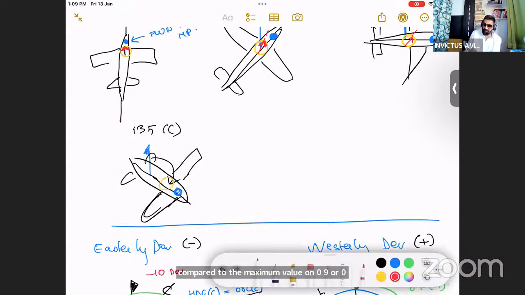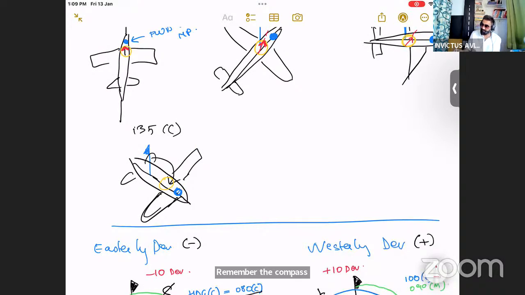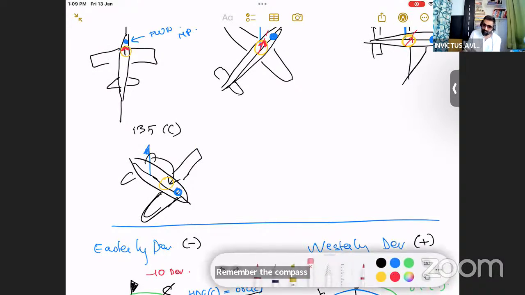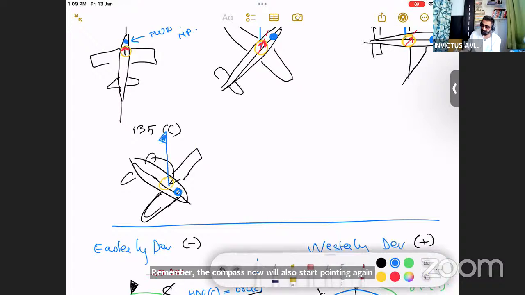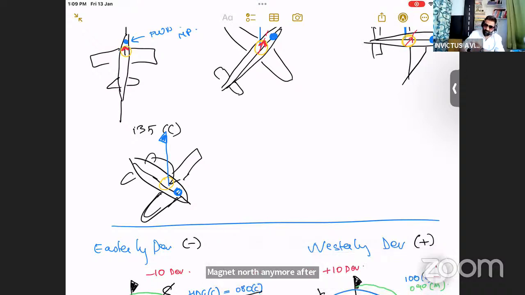Remember, the compass now will also start pointing again towards the north. Remember, it will not now follow the imaginary magnet north anymore. After east, it will start going towards my Earth's magnetic north now, because that is the strongest field now.